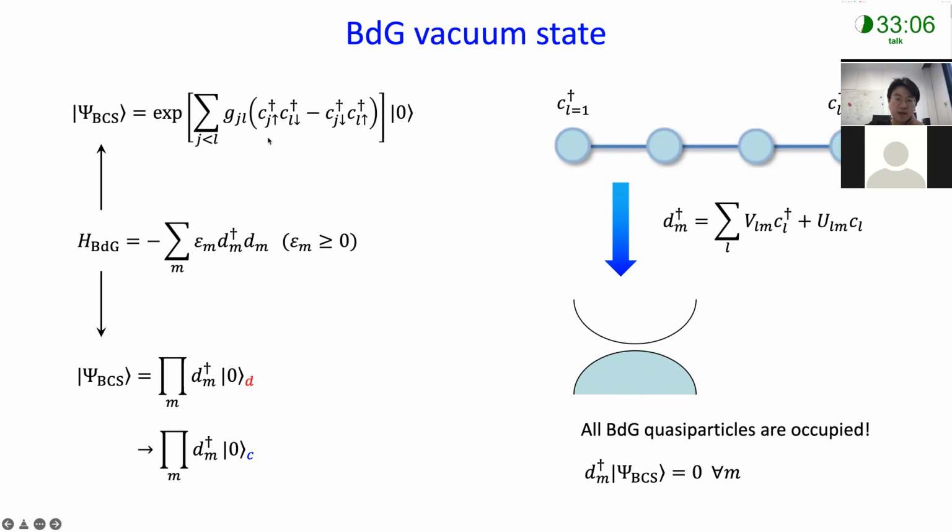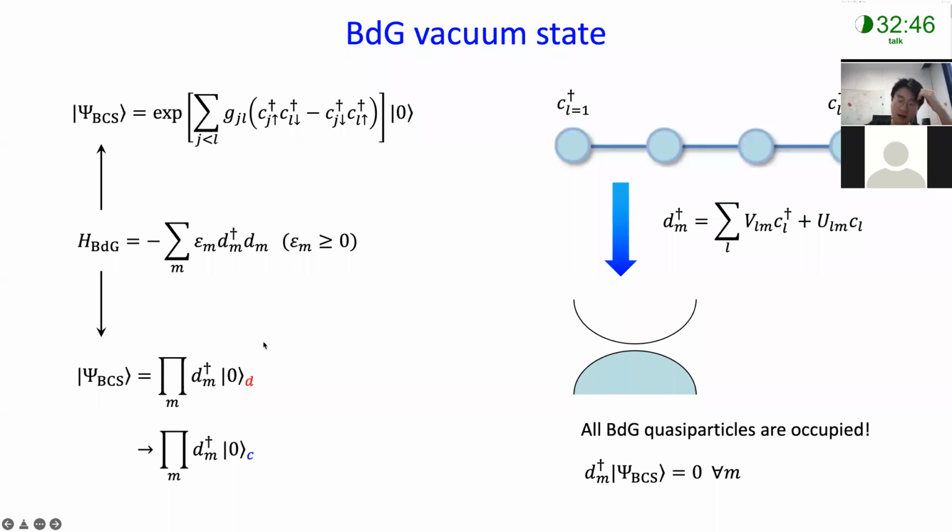And this means the BCS wave function is actually a fully occupied state of the D dagger operators, the Bogoliubov quasi-particles. And notice we have to create this state on top of a vacuum of D fermions.